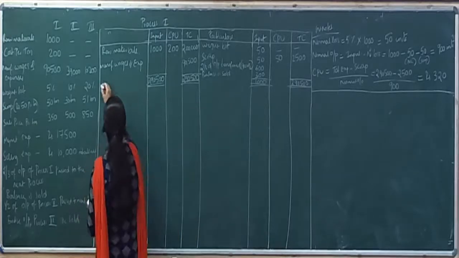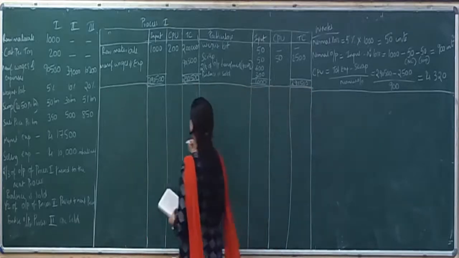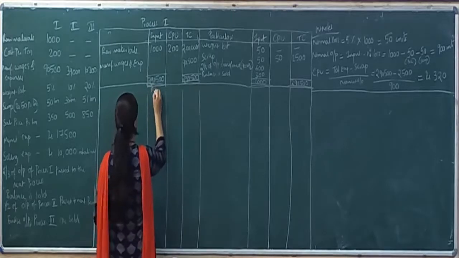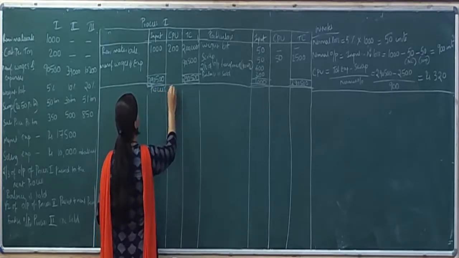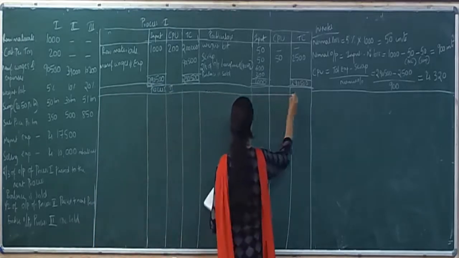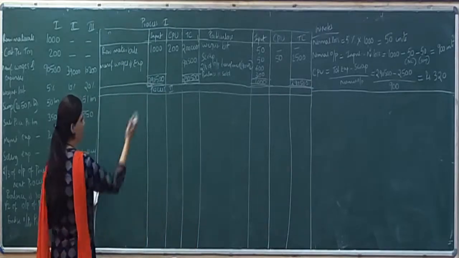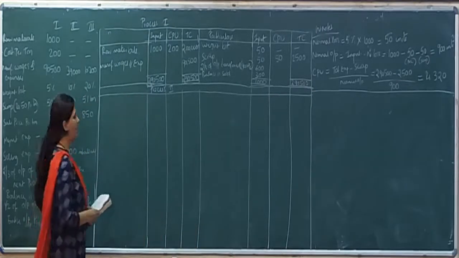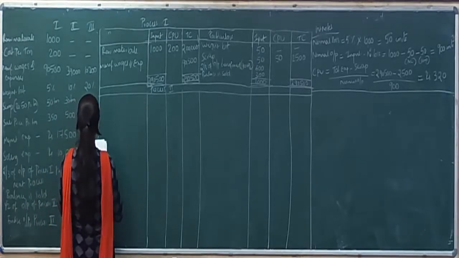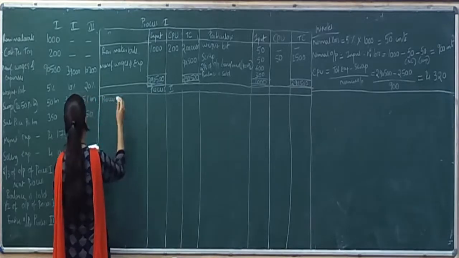In the same way we need to record for process 2. Whatever is transferred to process 2 from process 1 has to be recorded over here.